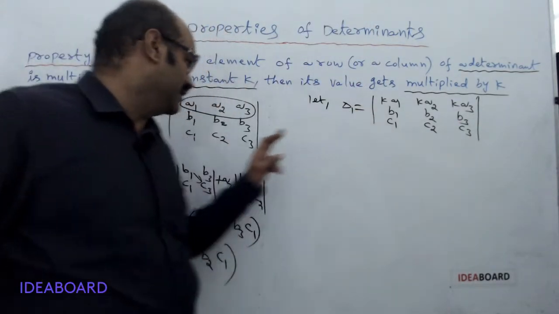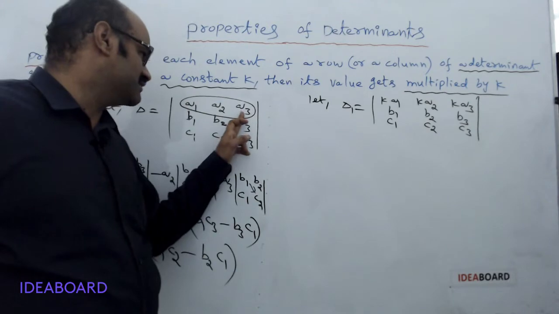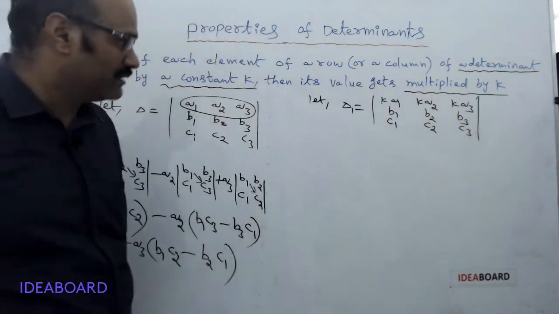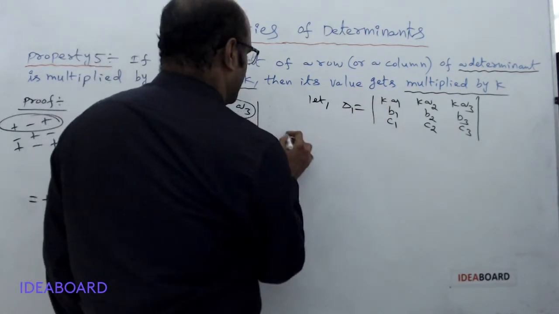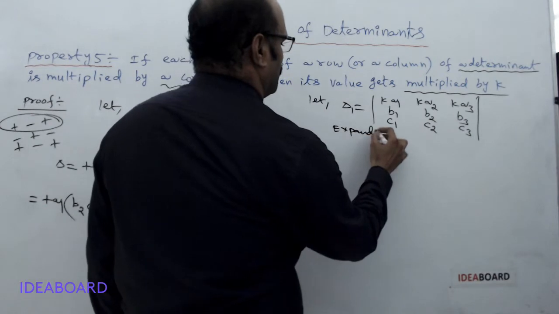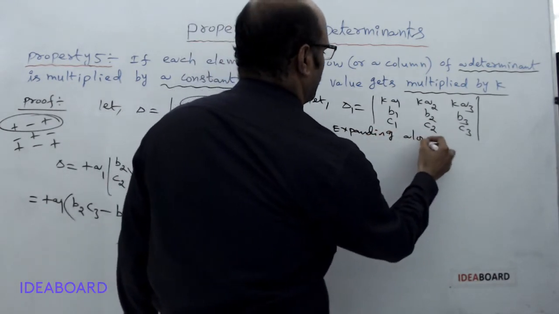Now here each and every element of R1 is multiplied by k, so delta 1 equal to, expand along R1.